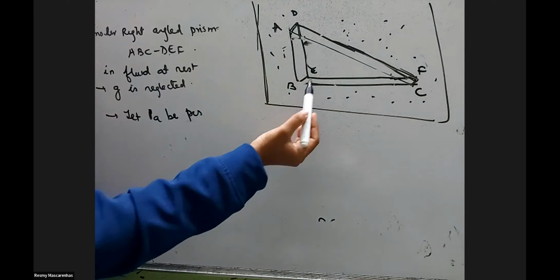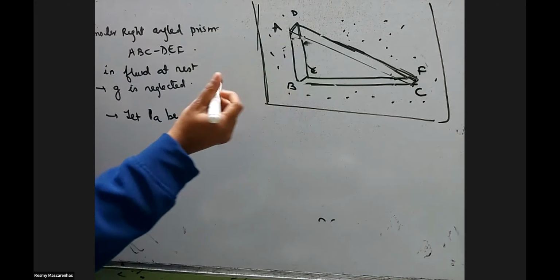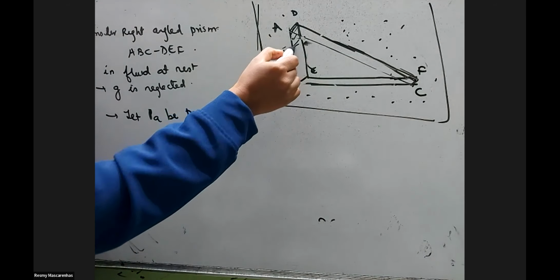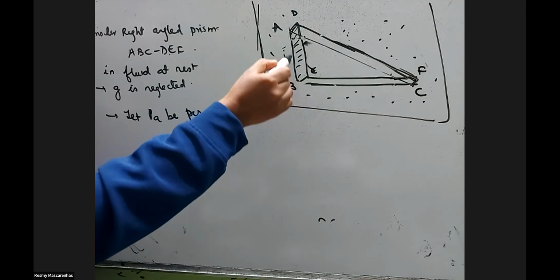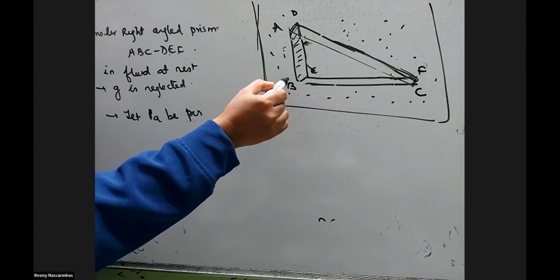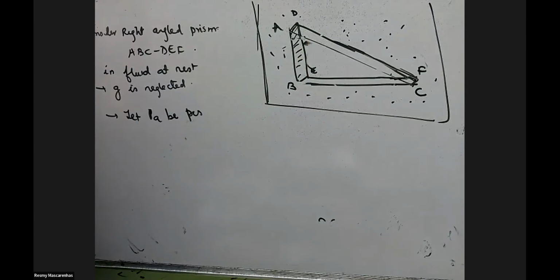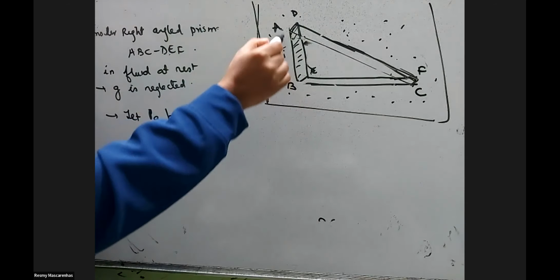Now see how many faces there are on the prism. There are three faces. Just see. One face is A, D, E, B. We can read it this side.